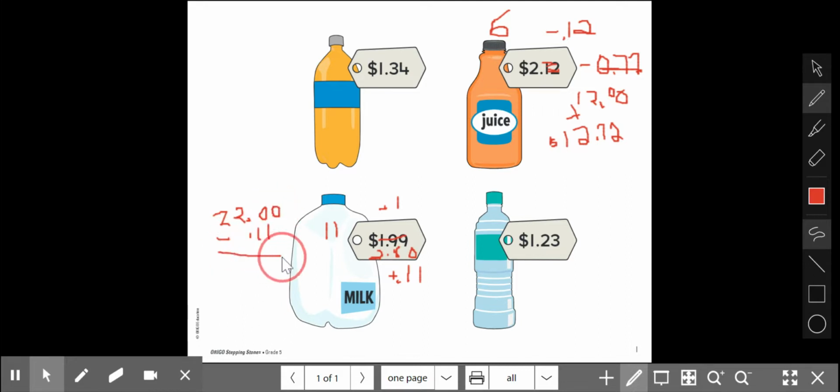You can tell I'm going to be borrowing quite a bit, but I know that I'm going to be just breaking up this $1. So $21. And 100 cents minus 11 is 89 cents. $21.89. Here's a different one.